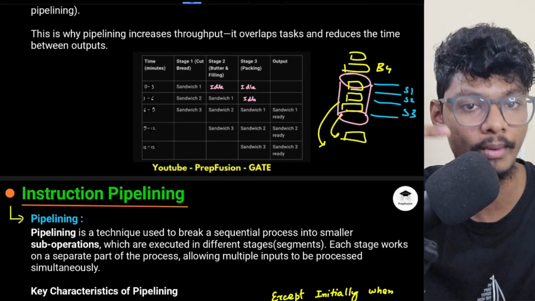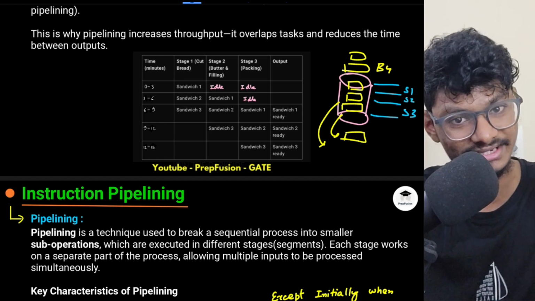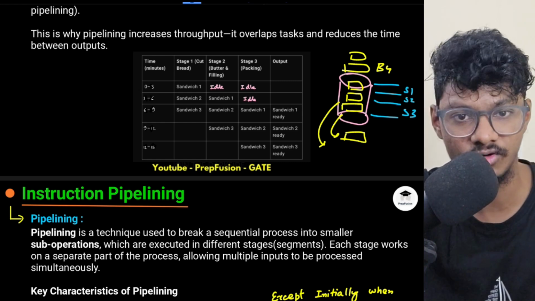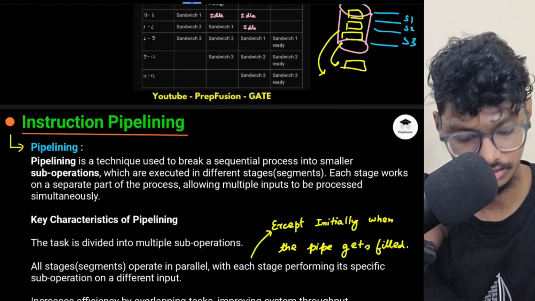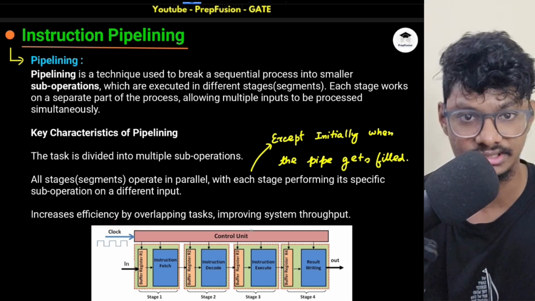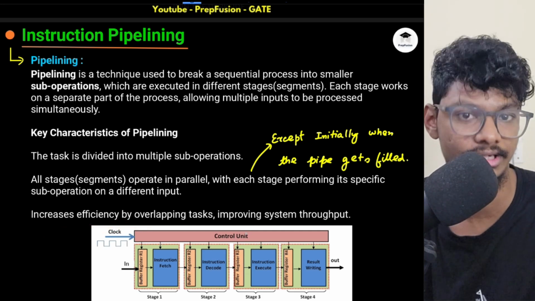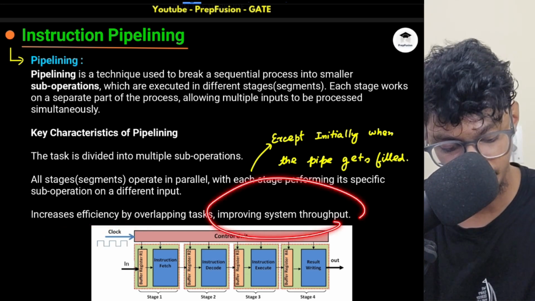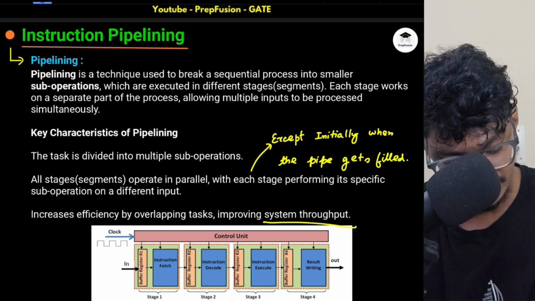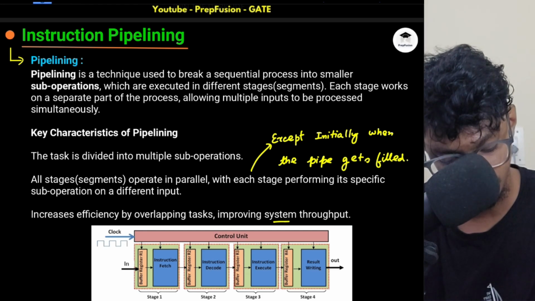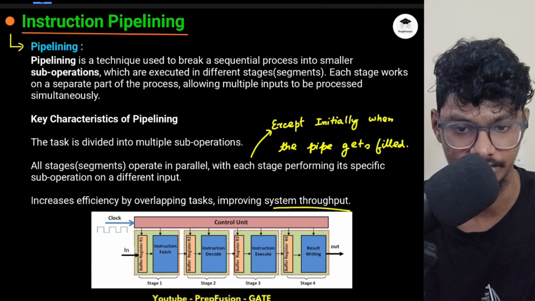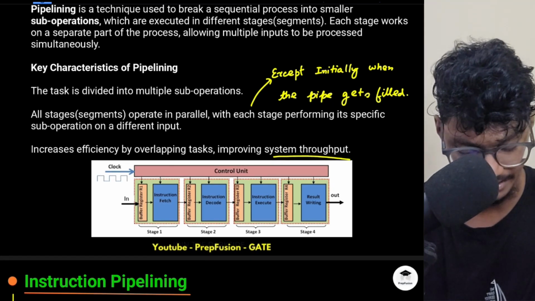It cannot cut 2 breads at a time. So it has only 2 hands. So I only give it the task of cutting, but 1 bread at a time. So it increases efficiency by overlapping different tasks. This improves the system throughput. What is system throughput? We will understand the definition in today's lecture. Don't worry about this.